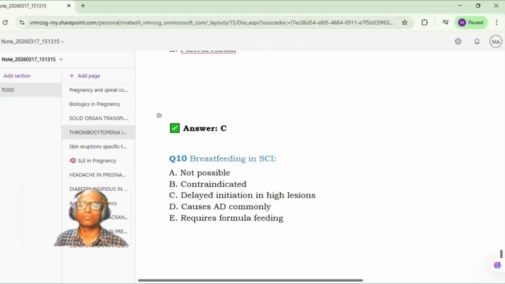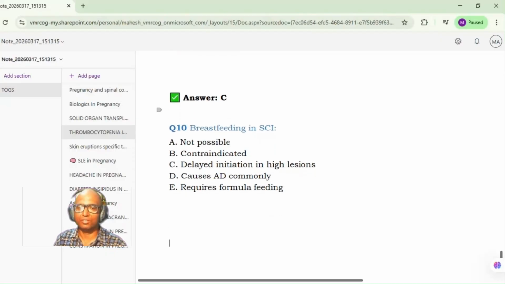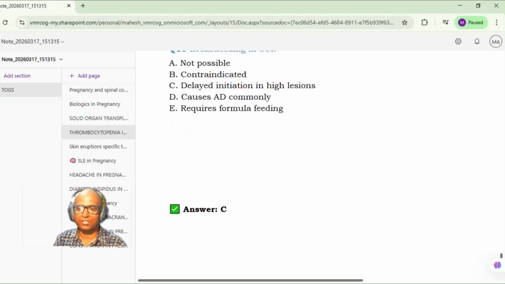Breastfeeding in spinal cord injury: A. Not possible, B. Contraindicated, C. Delayed initiation in high lesions, D. Causes AD commonly, E. Requires formula feeding. It is C. Yes, delayed initiation in high lesions. So that finishes today's topic of spinal cord injuries in pregnancy. Thank you.